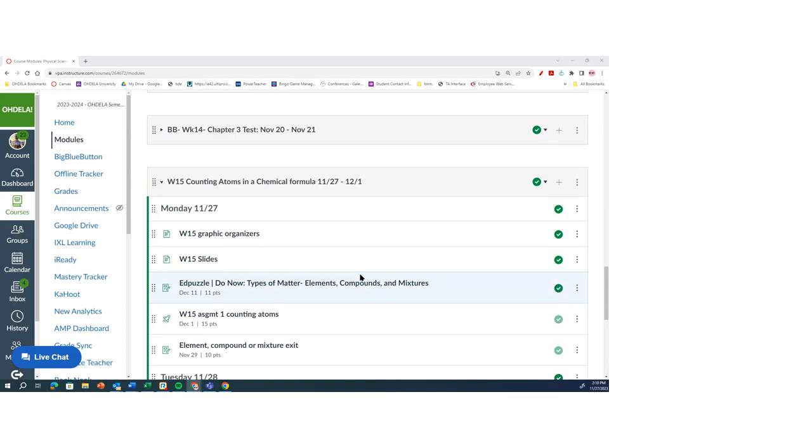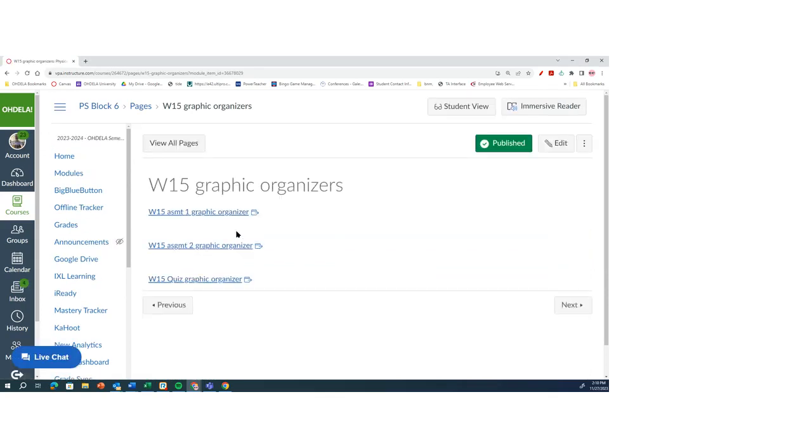Okay, I'm going to show you some things. Hopefully this makes sense because usually we have models that we can use, but we have to use pictures. So graphic organizers here, right? Work assignment number one, assignment two, and the quiz. So that's what we have so far.